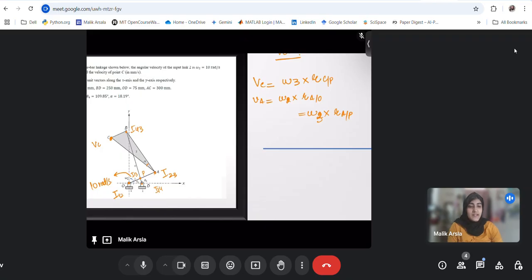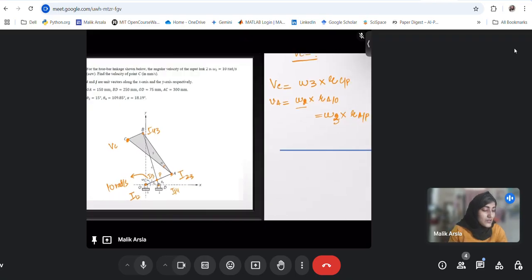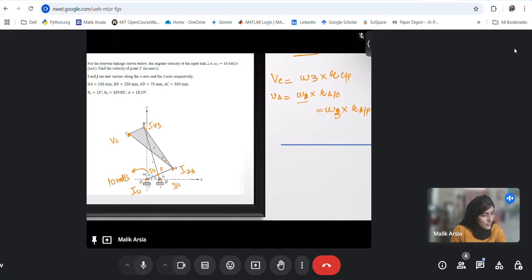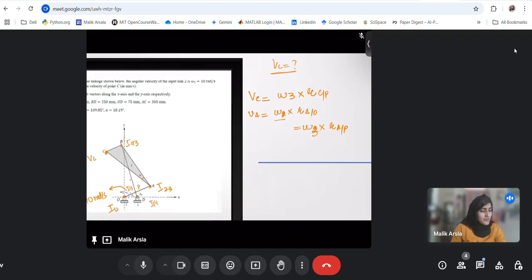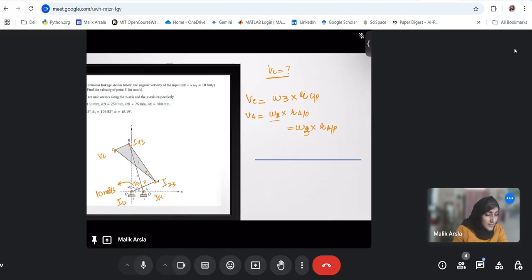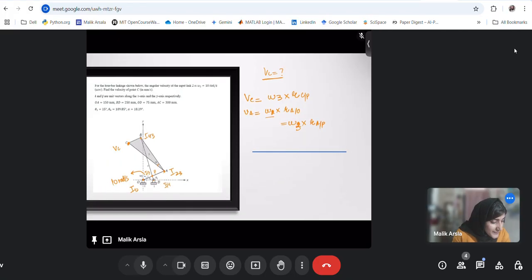RAO is basically the position vector. The length OA is given, I guess. So you can maybe find RAO in that way. If length OA is given and this theta is given, you can find the x and y coordinates. Can you tell me what you are getting?